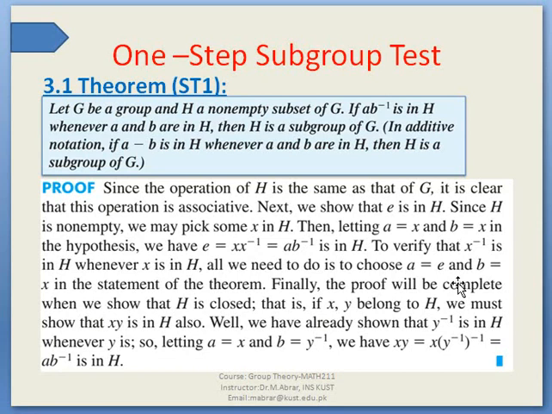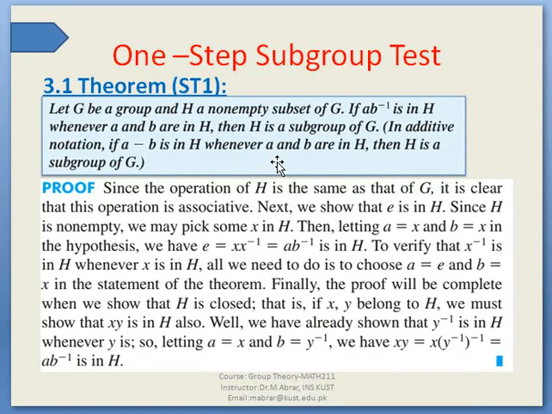This theorem ST1 says: let G be a group, H a non-empty subset of G. If ab⁻¹ belongs to H whenever a and b are in H, then H is a subgroup. When the operation is addition, of course this ab⁻¹ notation is denoted by a − b.